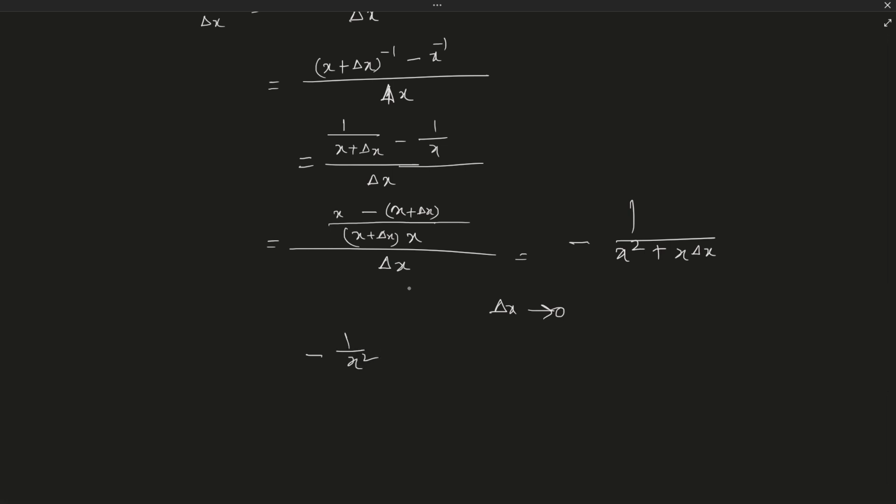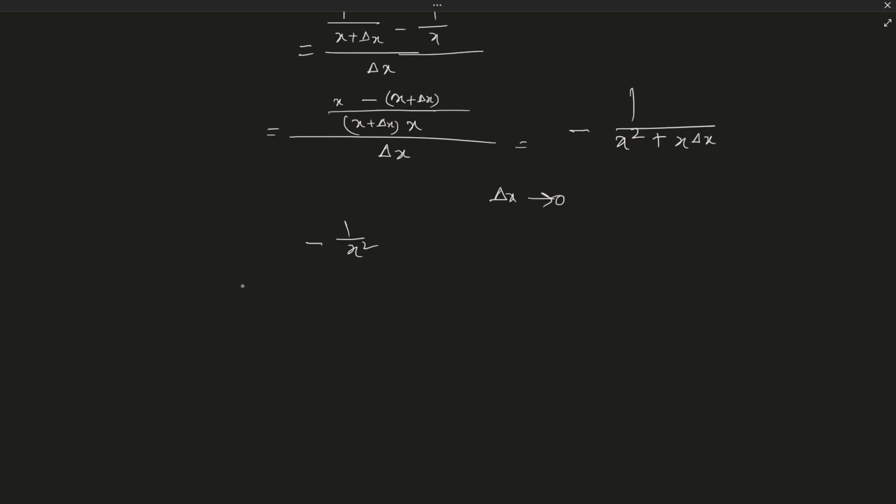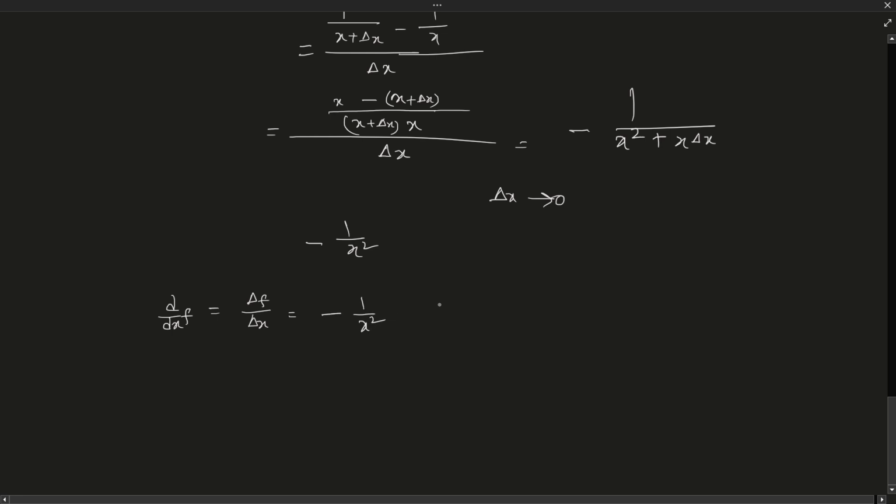So we have proved that the derivative of f is del f by del x, which is minus 1 by x square. Therefore f prime of x is equal to minus x to the power minus 2.